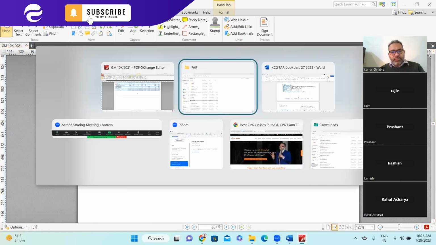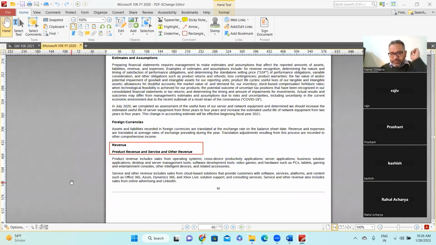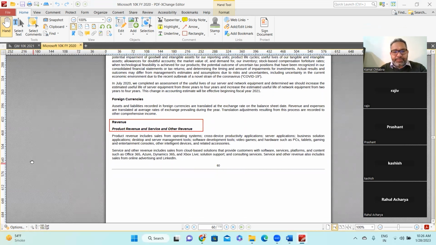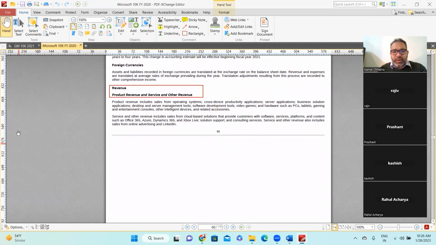Now, if I take you to the Microsoft financial statement. In the Microsoft financial statement, if you see again, the revenue recognition policy they have made, where they have provided what all items they sell, what is the nature of their sales, what is the product category, what is the service category.